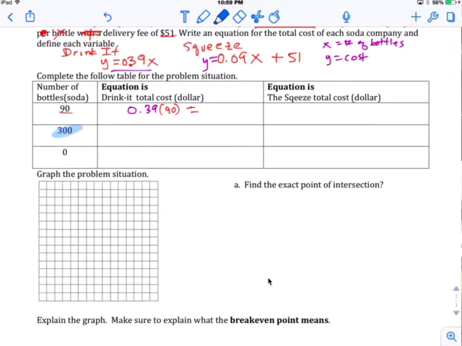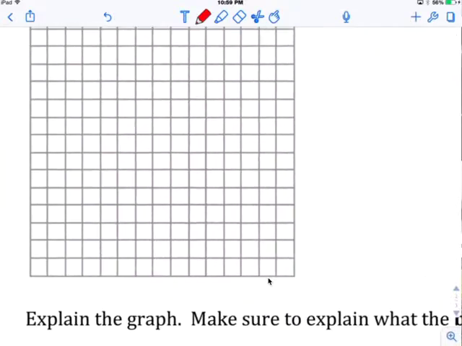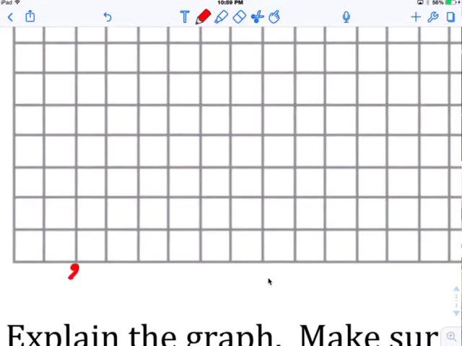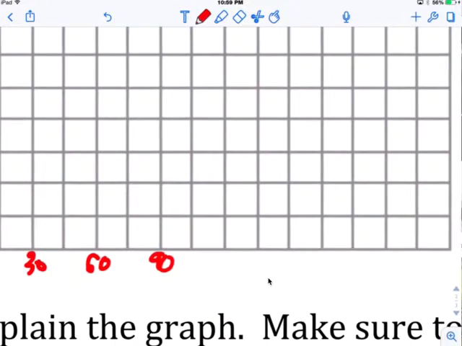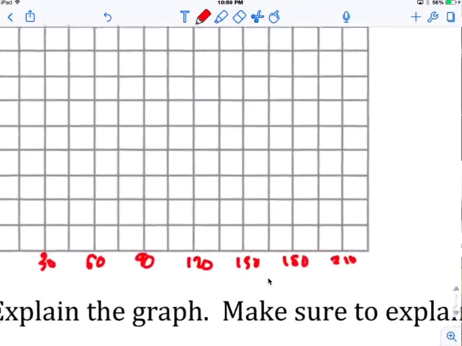This goes up to 300, so 2, 4, 6, 8, 10, 12, 14, 15. Only 15, and you want to go up to 300, so maybe count by 15 each: 15, 30, 60, 90, 120, 150, 180, 210. Nope, not enough. We need 300.